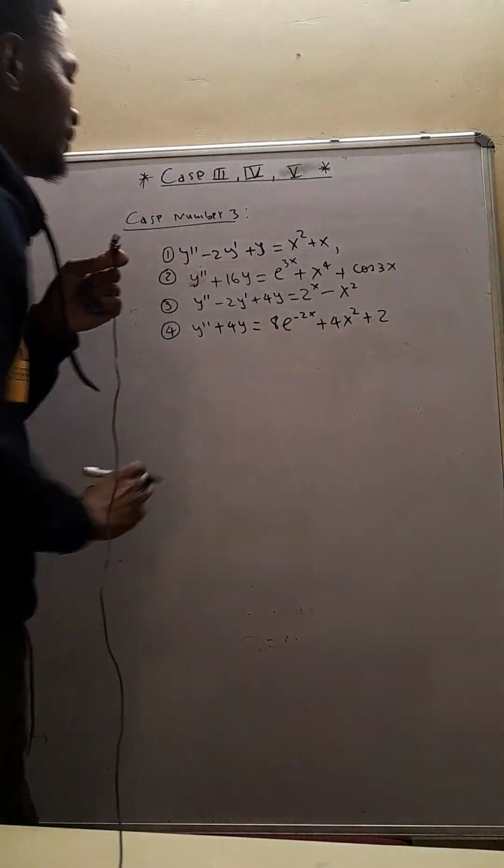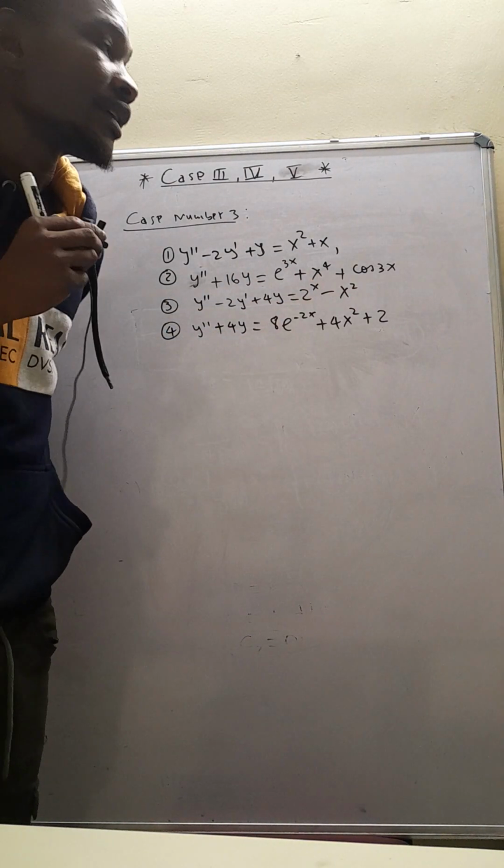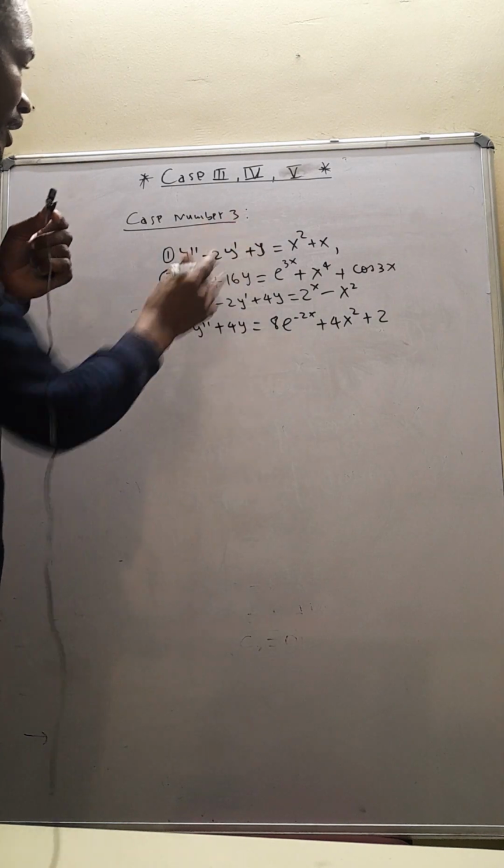These are the exercises that we are going to solve here, so that you can understand a bit what we mean by this fourth case. I will start with this one.